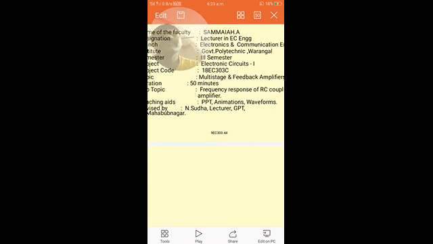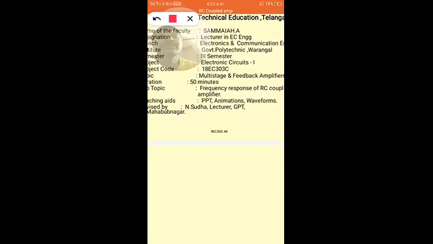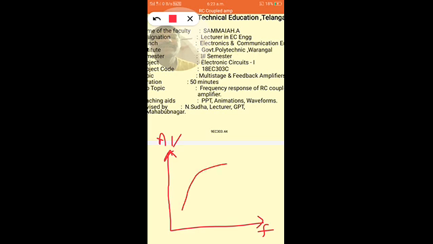So if we draw the frequency response, gain on the y-axis, it is the maximum gain A max.